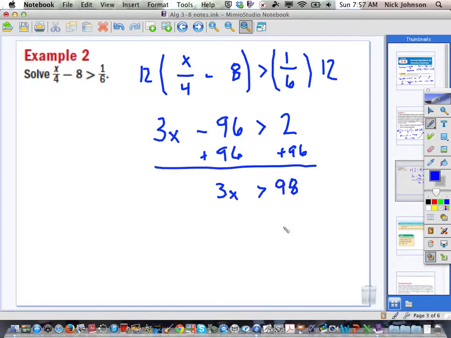The inverse of multiplying by 3 is dividing by 3. And x is greater than, 3 goes into 98, 32 and 2/3 times.